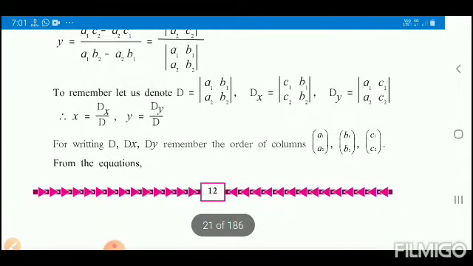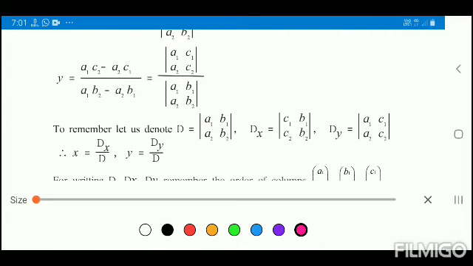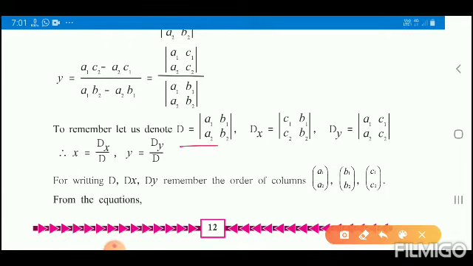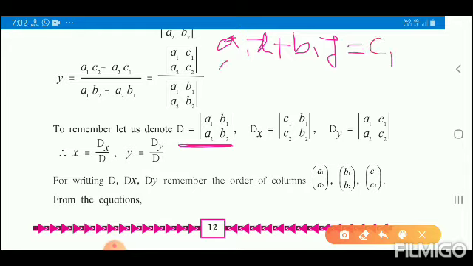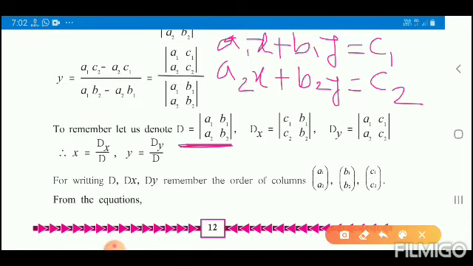Therefore, I will tell you how to write the determinant values. First of all, I will write here the linear equations in 2 variables, a1x plus b1y is equal to c1 and a2x plus b2y is equal to c2. Now look here, d means what? a1 a2 and b1 b2, here we are not taking the constant term.